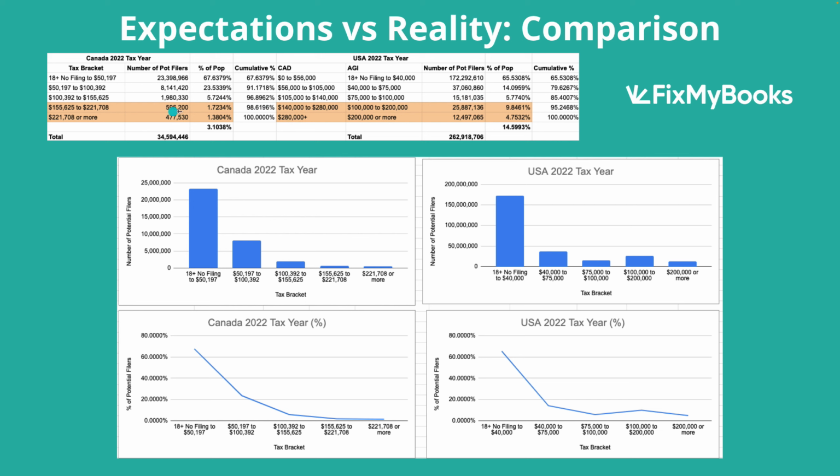But you can see here that if you're earning over 140,000, which is 155 here, plus you're nearly 15% of the population versus just over, if we're going to do 140 again, just around 5%. So you have a 3 times greater chance of earning higher amounts of money here than you do in Canada.